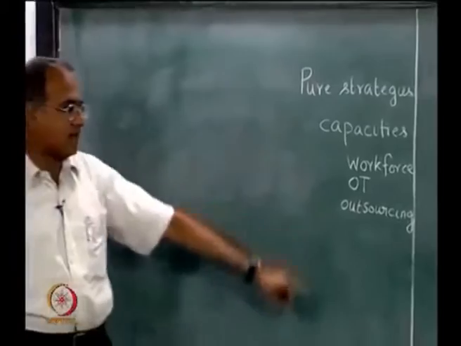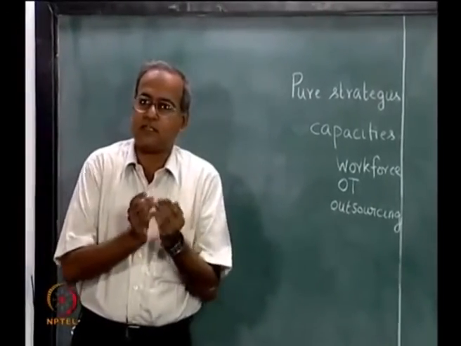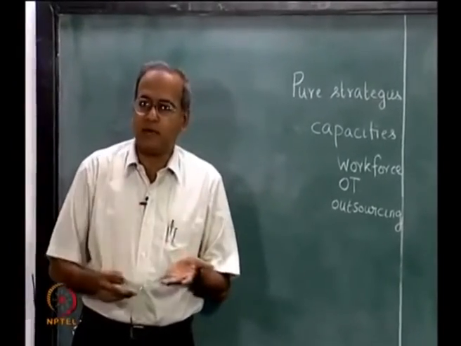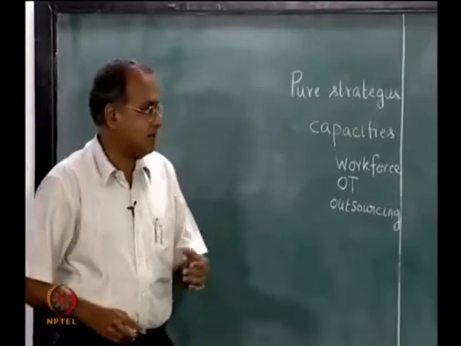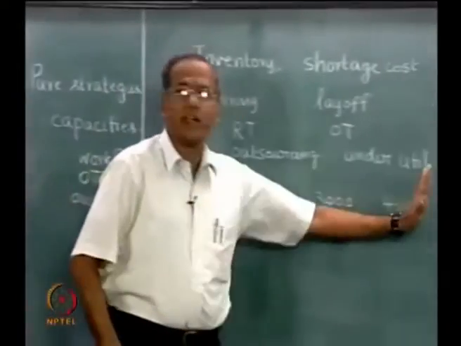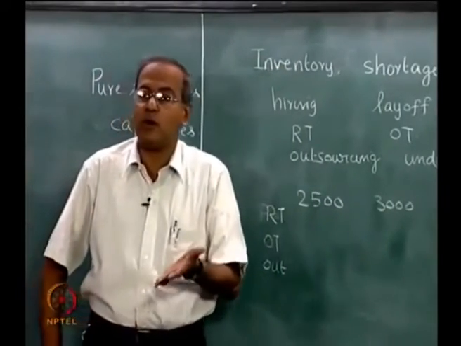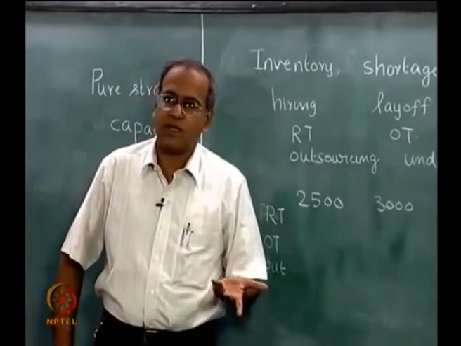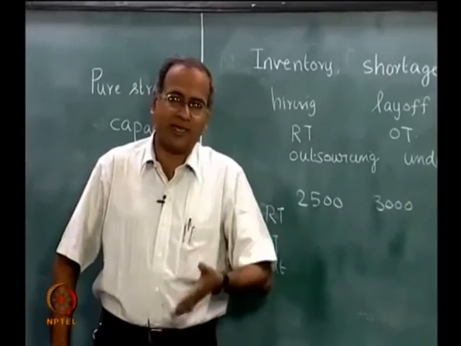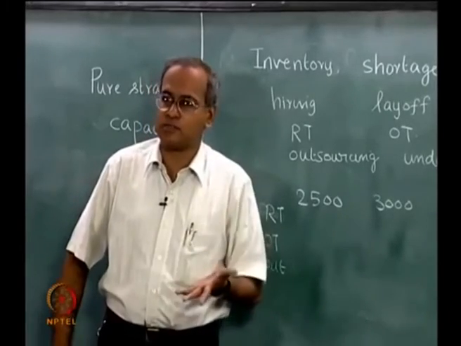So, all these are strategies that organizations use to meet the demand, particularly if the demand shows a lot of variation. Otherwise, organizations will have to go towards outsourcing, and it might be difficult to get the entire product outsourced.